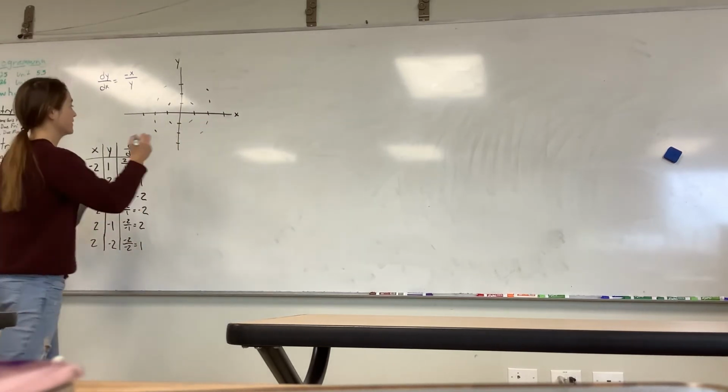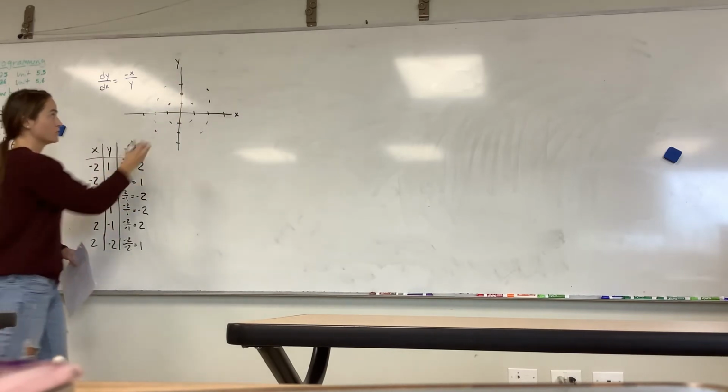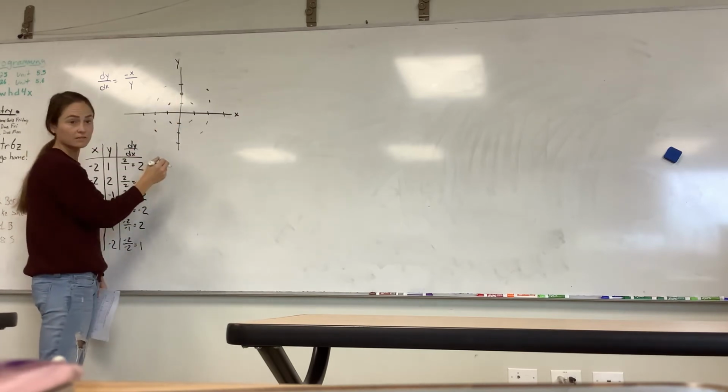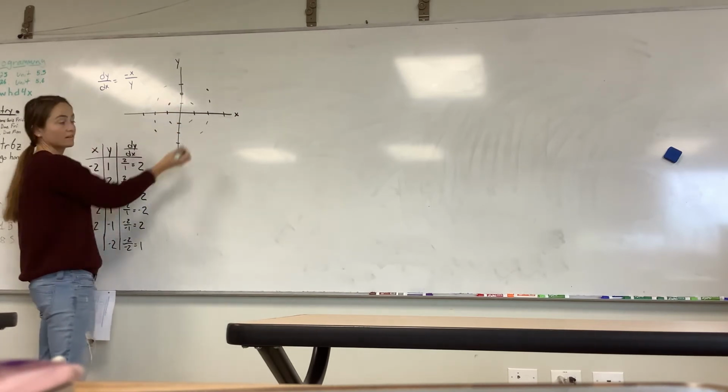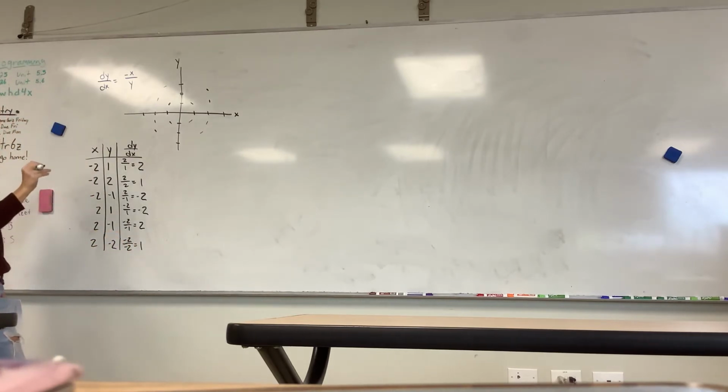So if I find that point, that's 0, 2, right here, you try your best, and this is kind of hard, to follow the slope lines. That doesn't necessarily mean this will connect to each one below, but it does mean the slopes at that point are the same.